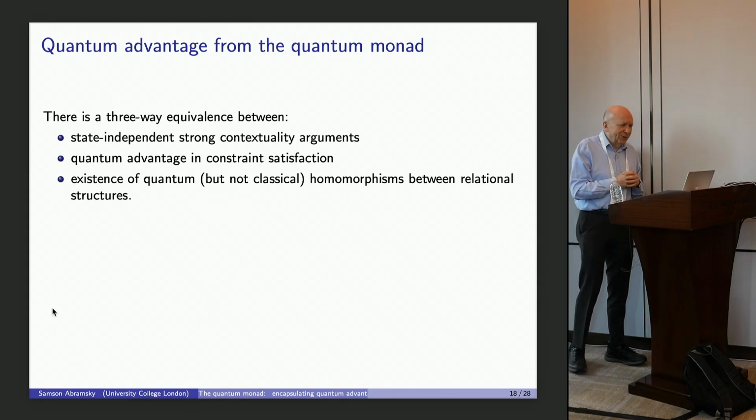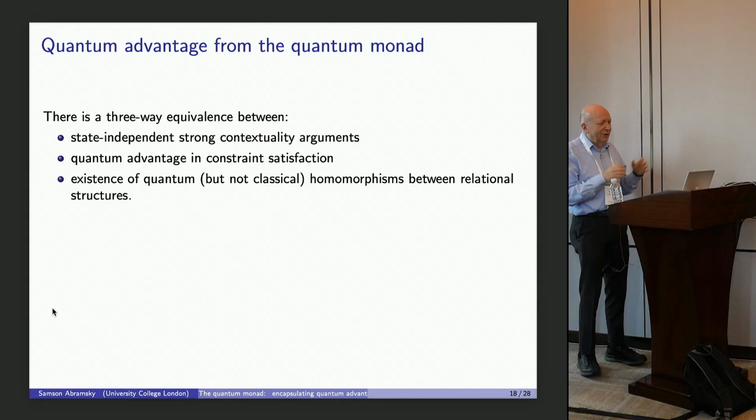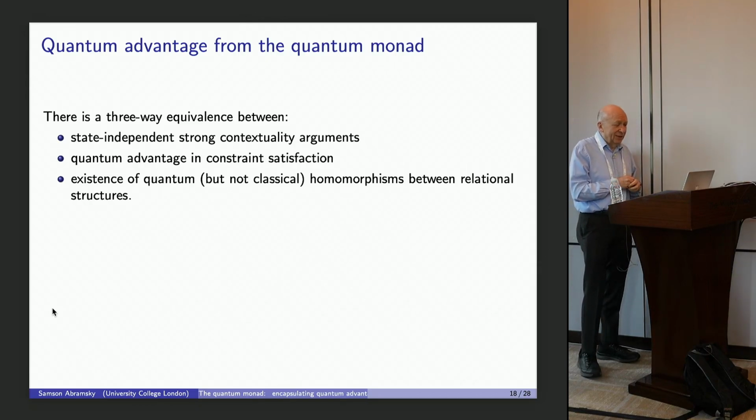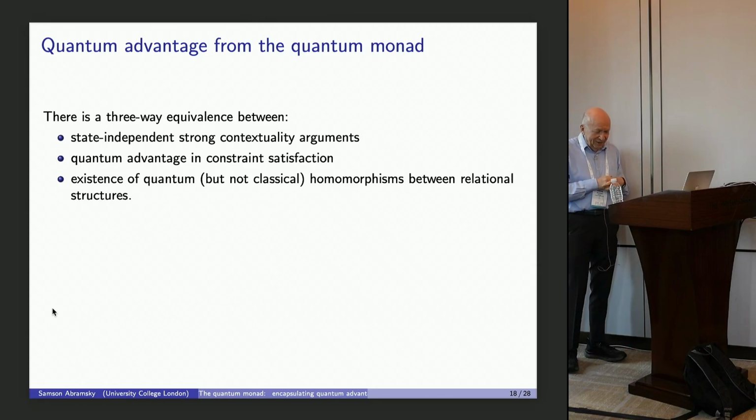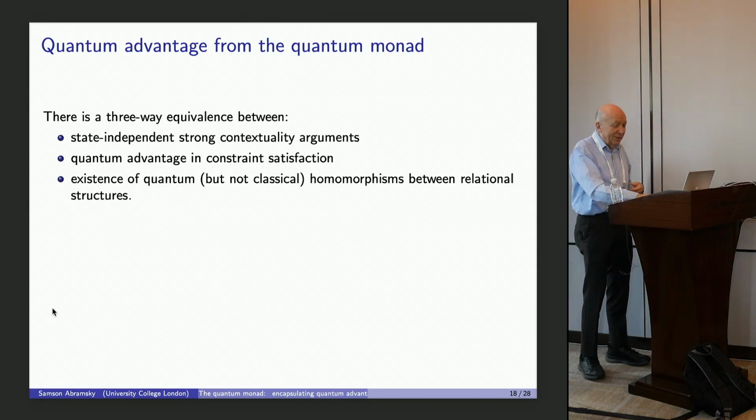Now, the relation with the quantum monad is that we can make a three-way equivalence between a particular form of contextuality, so-called state-independent strong contextuality arguments. If you're familiar with the Kochen-Specker theorem and related results, those are exemplars of that. And in fact, Peres-Mermin is itself an exemplar of that. That's point one. Point two is quantum advantage in constraint satisfaction.